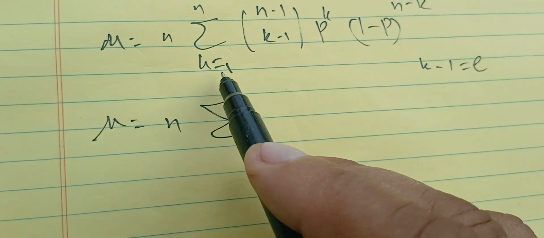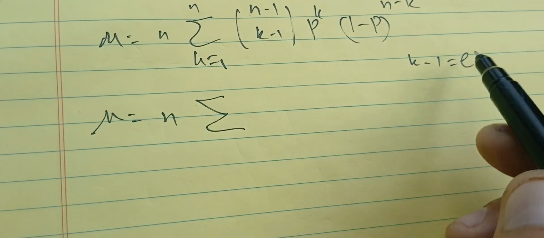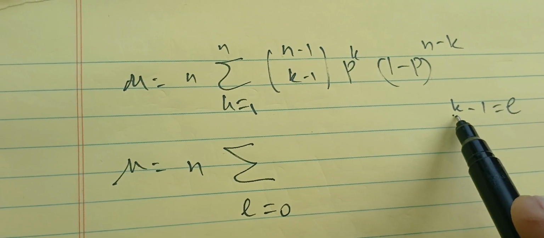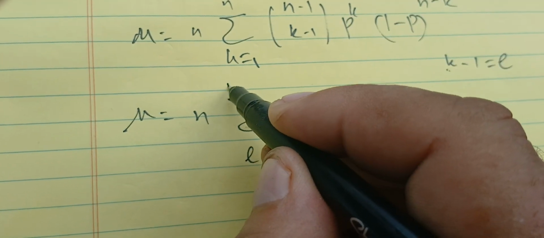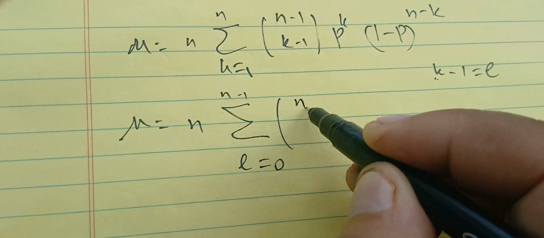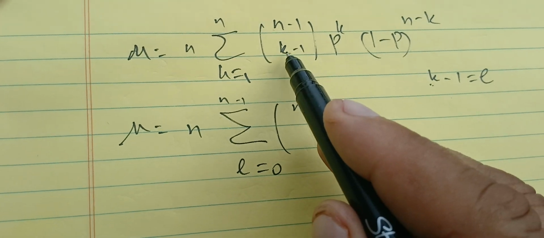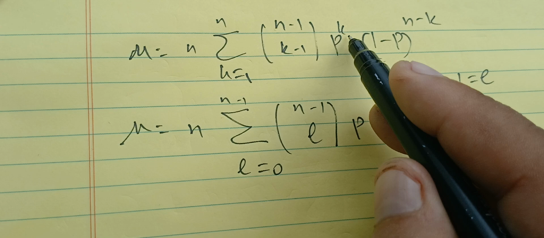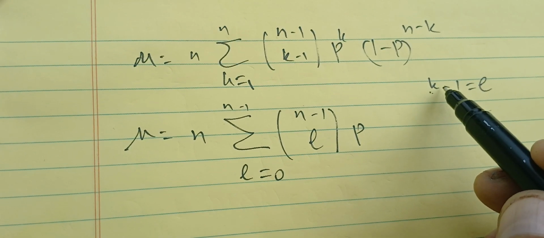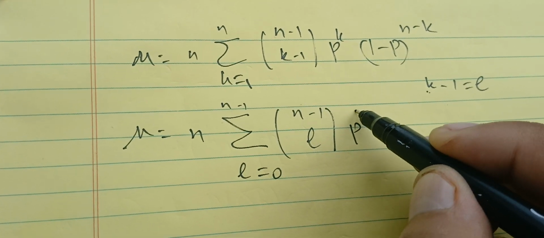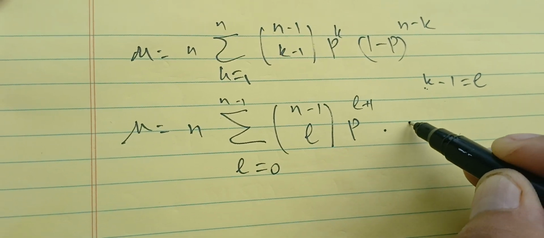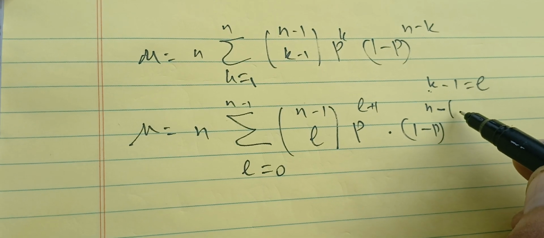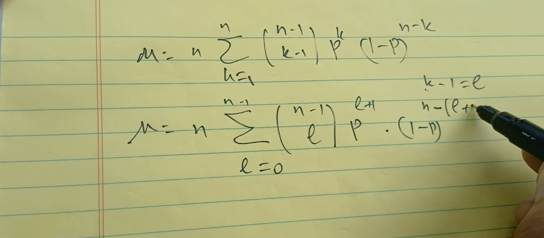When k is 1, L is going to be 0. When k is n, L is going to be n minus 1. n minus 1 is not going to change, but k minus 1 will be L. And here I have p to the power k, so k in this case is going to be L plus 1, times 1 minus p to the power n minus k. k is going to be L plus 1.